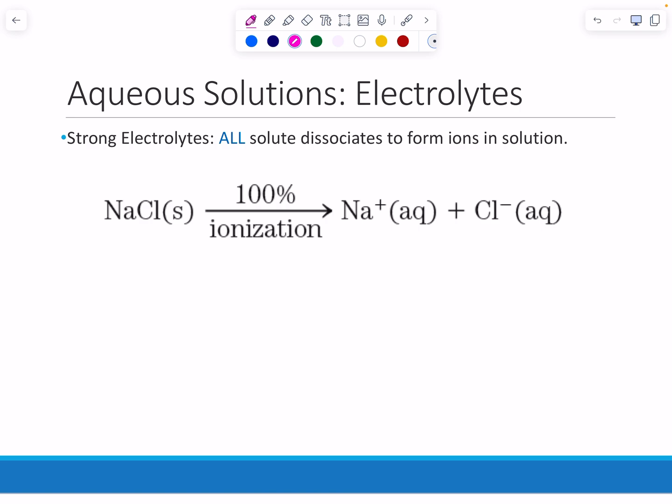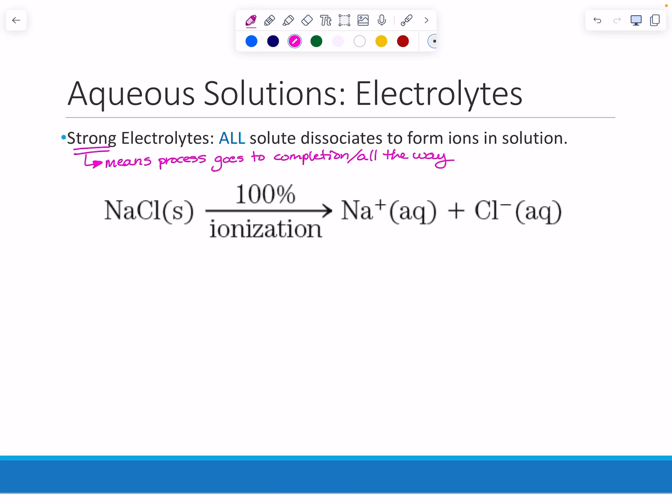So strong, whatever it is, means the process goes to completion, all the way. So we'll talk about acids being molecules that lose protons. In strong acids, every molecule that I put in solution is going to lose a proton, where a weak acid would be maybe only half of the molecules lost a proton.